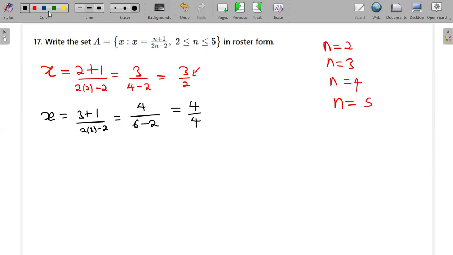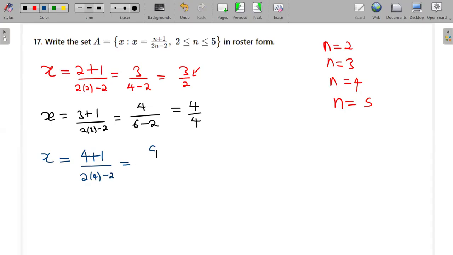And then the third one will be when n is equal to 4. So using this formula, 4 plus 1 over 2 multiplied by 4 minus 2.